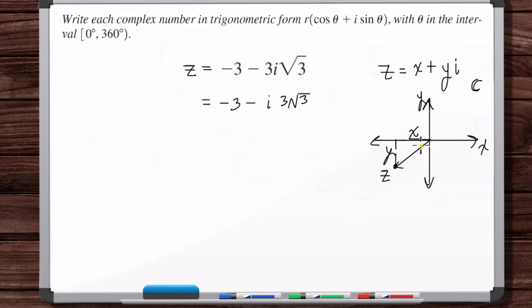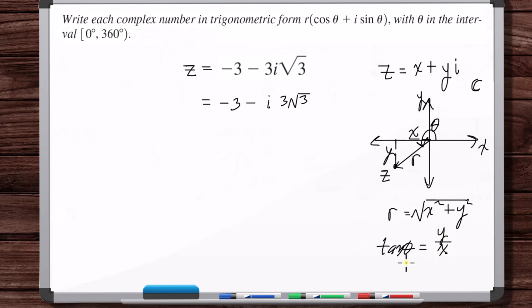Okay, but we want to convert this to the r, theta. Okay, well, we know r using the Pythagorean theorem, square root of x squared plus y squared. Okay, and then we have the relation that tangent theta is equal to y over x.